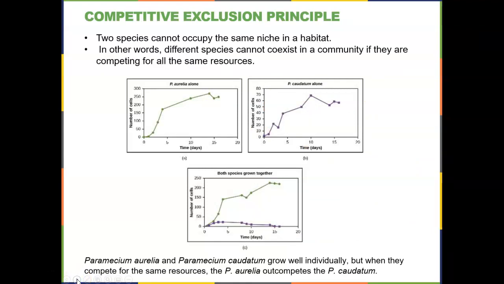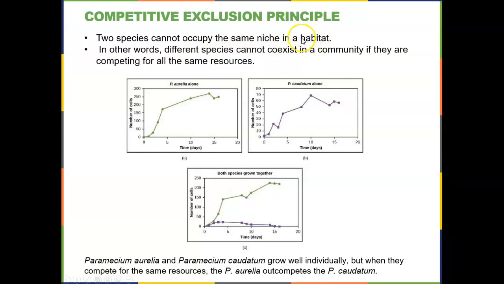All right, our next topic is called the competitive exclusion principle within a community. This says that within a community, two species cannot occupy the same niche or the same role in any habitat.